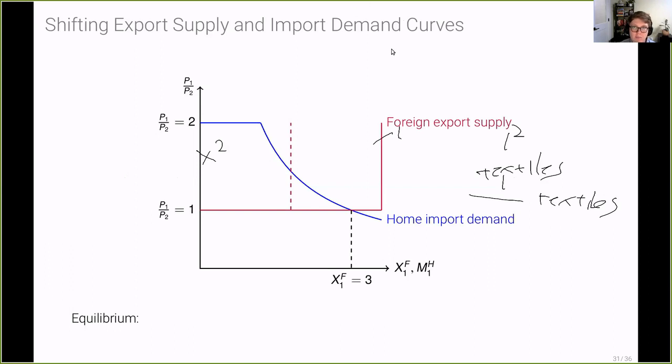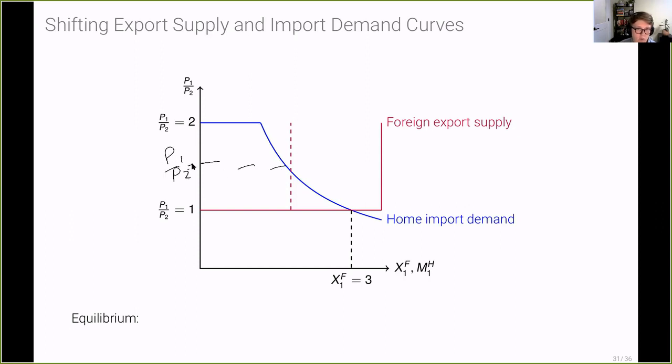But what we want to say is that recall that the price initially, when foreign was smaller, the relative price of good 1 was 3 over 2. Now it's increased towards foreign's autarky price.